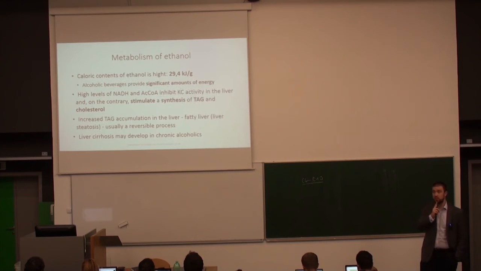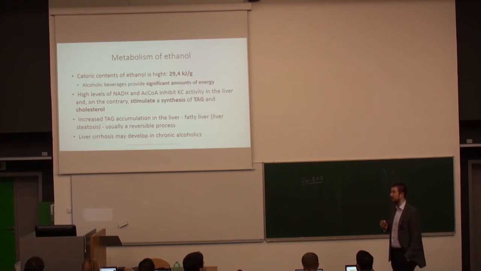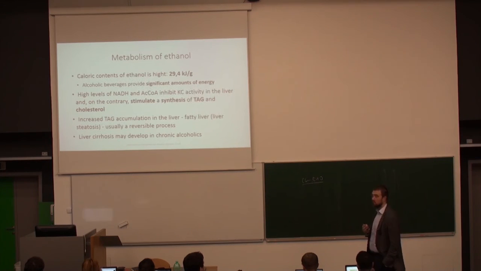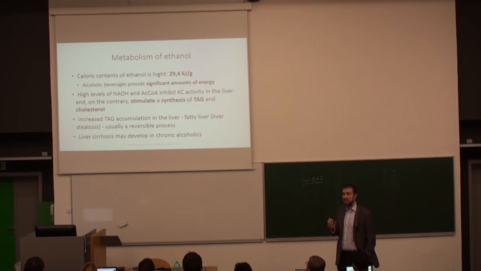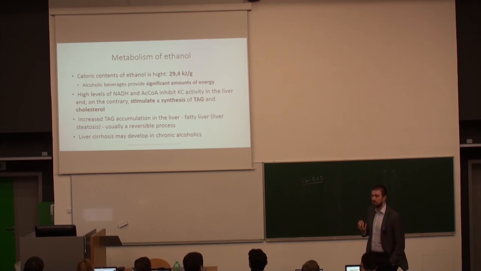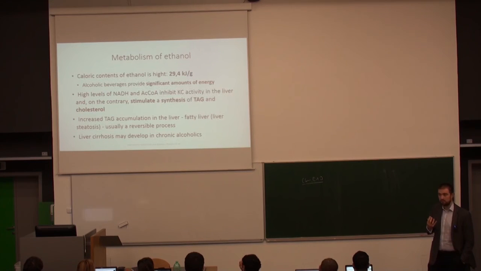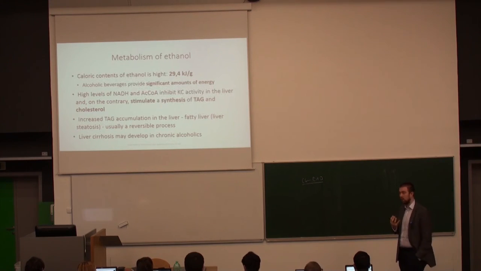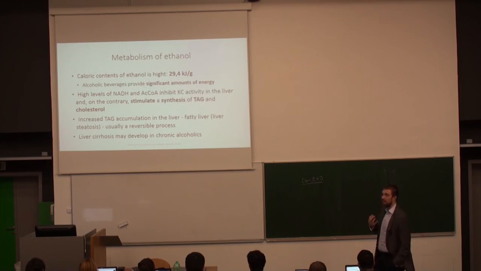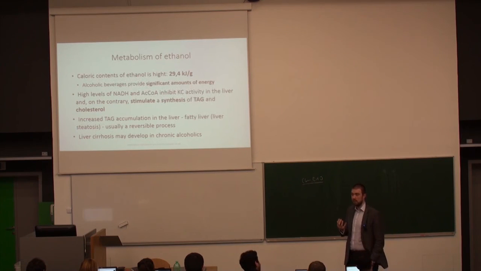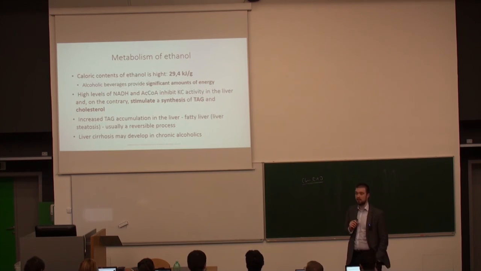What else happens to your body, as you know, is typically problems with the liver. The liver cells are the main organ to metabolize ethanol, and therefore they have a really high amount of energy. Plus, they have a high amount of acetyl-CoA.